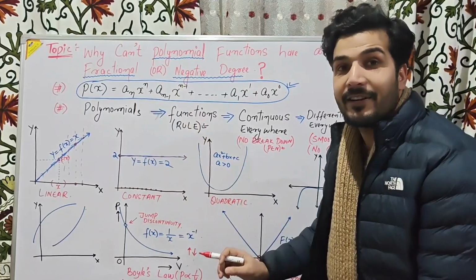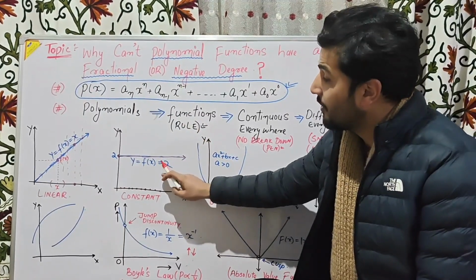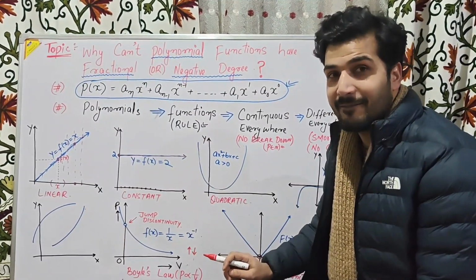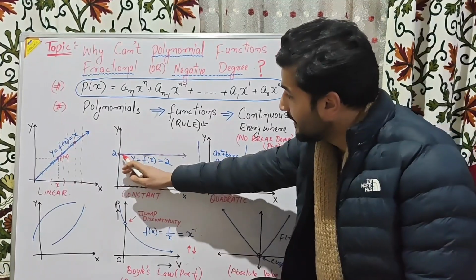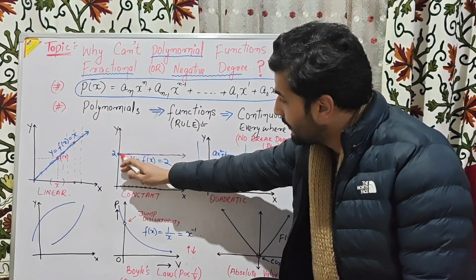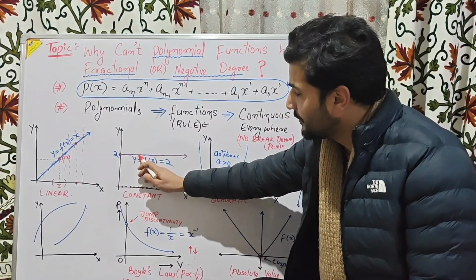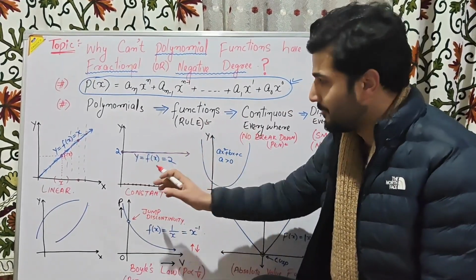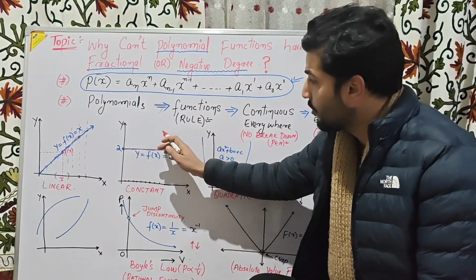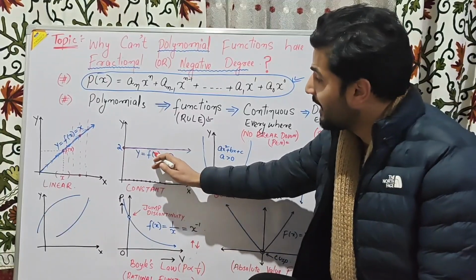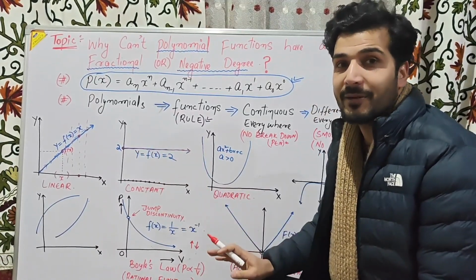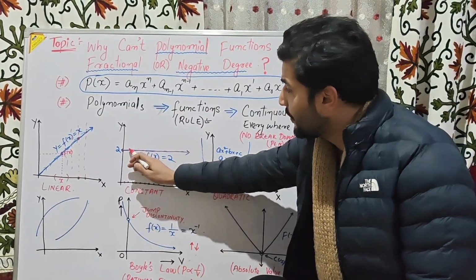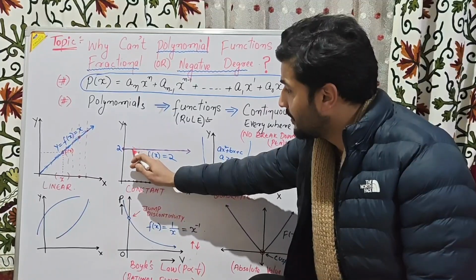Now next is the differentiability. How is the constant polynomial differentiable, graphically? As we can see, the graph of the function is smooth, and there is no cusp. Cusp means there is no edge in the graph, and there is no hole in the graph. So it implies that it is differentiable. Not only this, at every point we can draw a tangent.